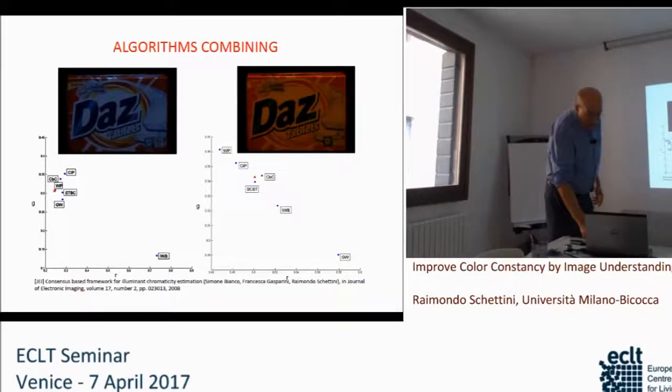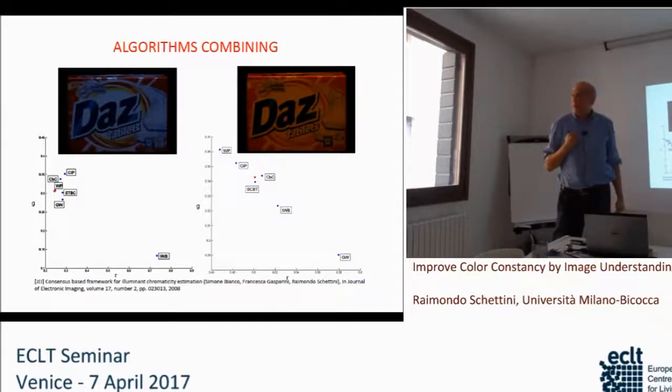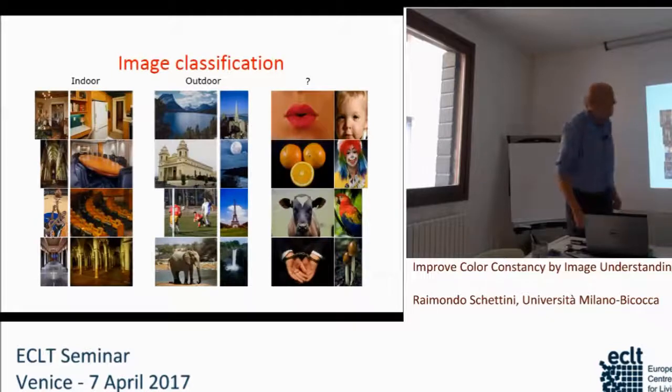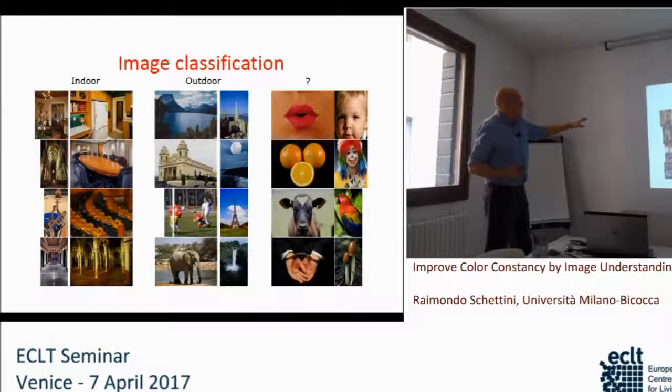And then we made a different observation. This is seen from an algorithm point of view, but what happens if we analyze the images? For example, it's clear that indoor images and outdoor images have a different set of lightings and different types of image composition distribution.